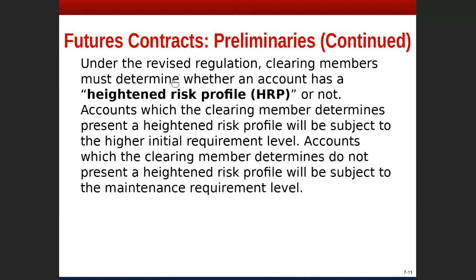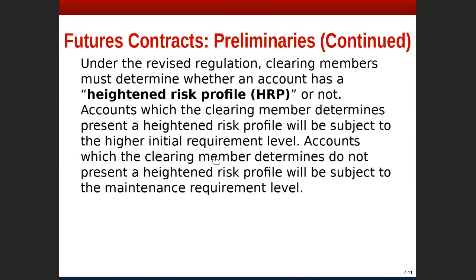Now, under the revised regulation that I mentioned earlier, which was adopted just last month, the clearing members must determine whether an account has a heightened risk profile or not. Accounts which the clearing member determines present a heightened risk profile will be subject to the higher initial requirement level.